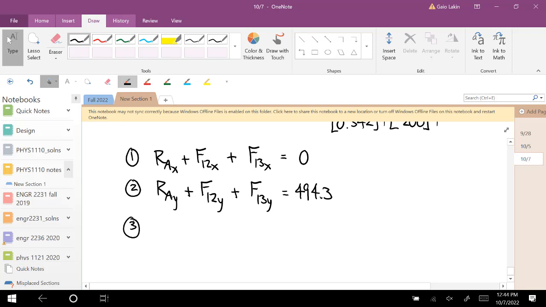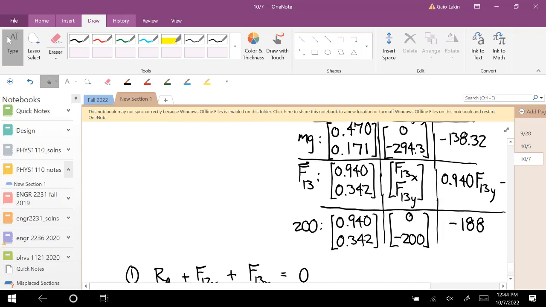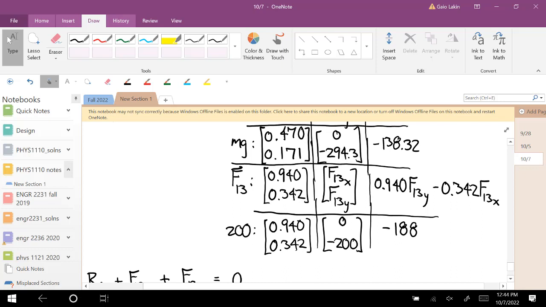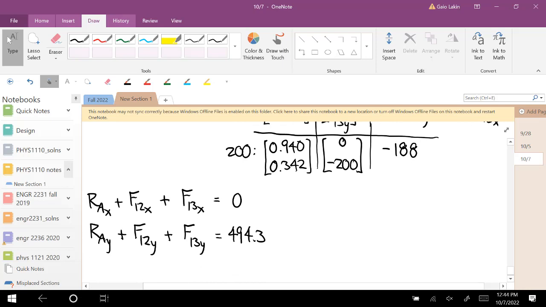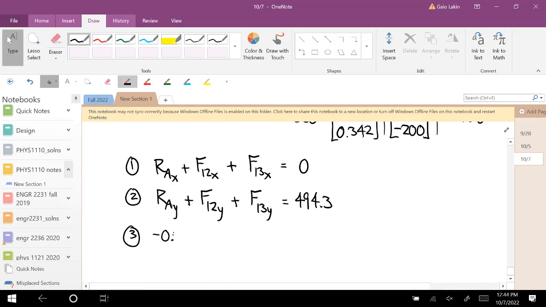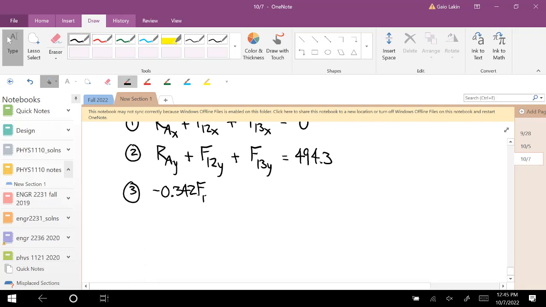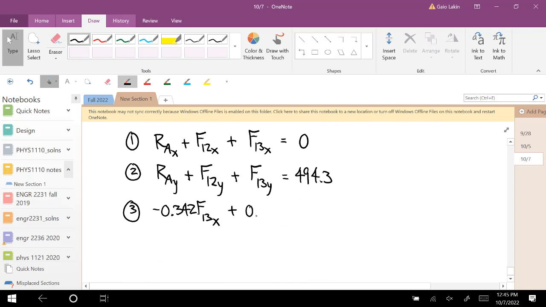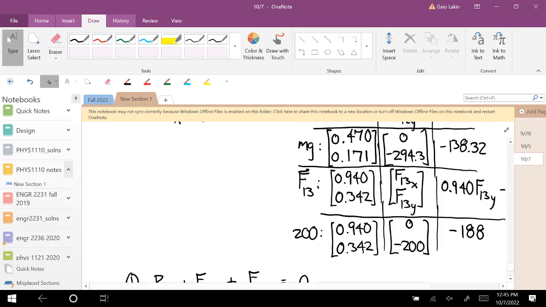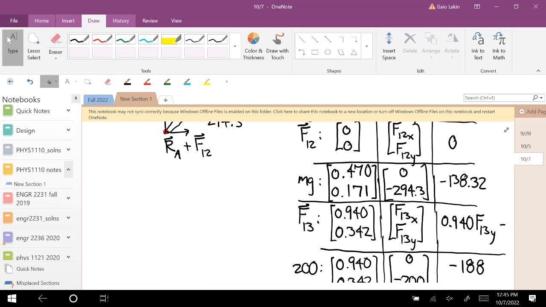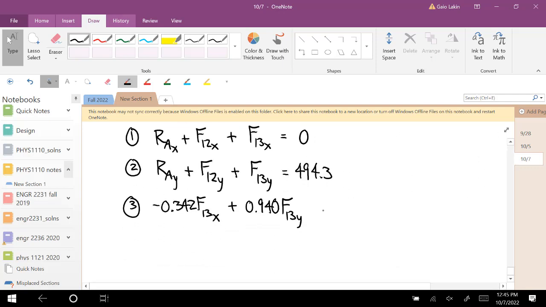And then the moment equation says, I guess I'll rearrange those to put the X in front, but negative 0.342 times F13X plus 0.940 times F13Y is equal to, what's 188 plus 138.32? Is equal to 326.32.